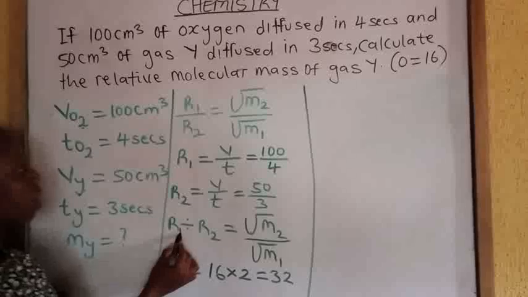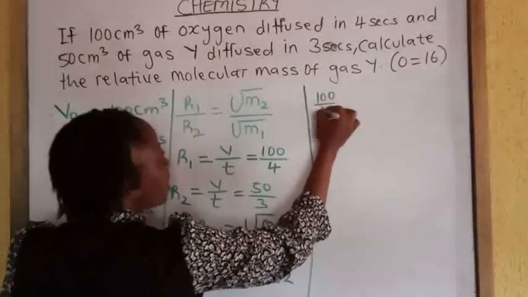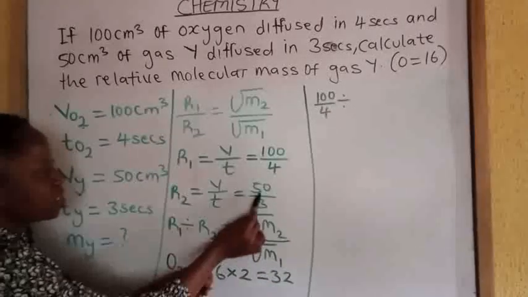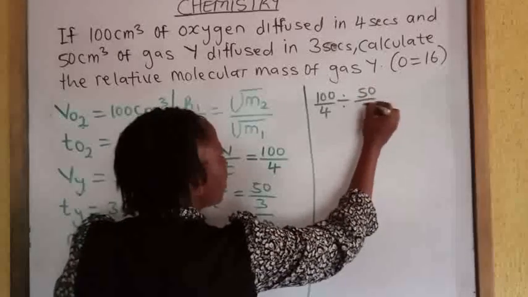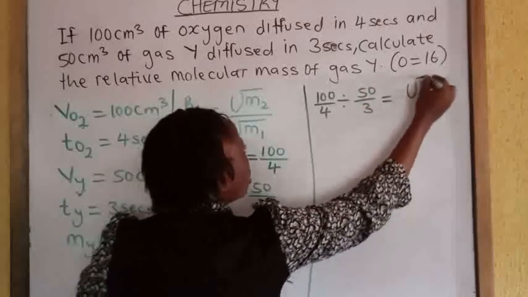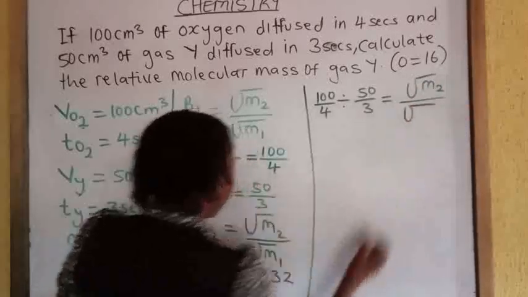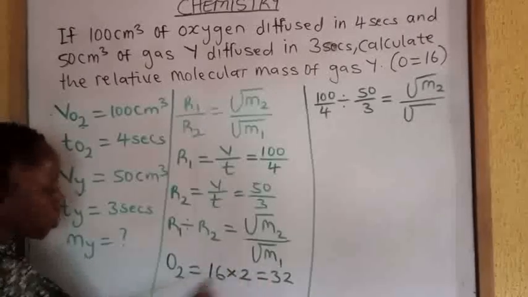Now our R1 is 100 over 4, 100 divided by 4, then divided by R2, which is 50 divided by 3, which equals the square root of M2 divided by the square root of M1. That would be the molar mass of oxygen, the first gas.